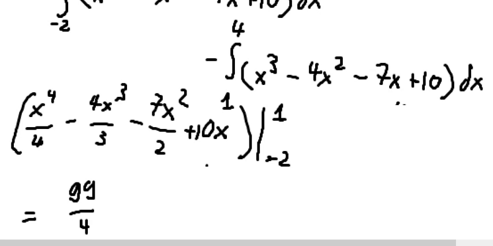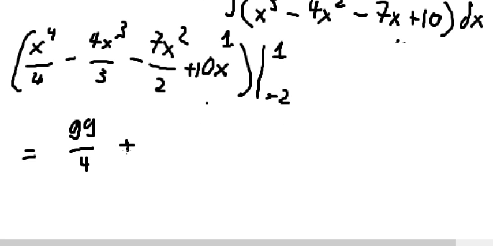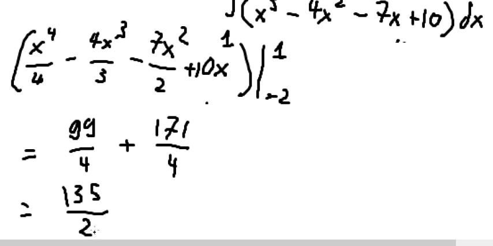And the next one is 171 over 4. So we combine the two values, and we have 135 over 2. And that is the final answer. This is the end.